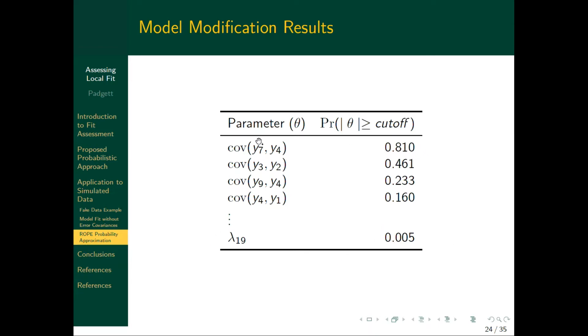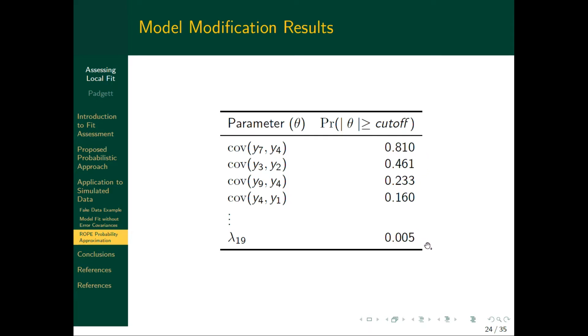Now, interestingly, these two right here are the two parameters that were in the data generating model: the error covariance between item 7 and 4 and between 3 and 2. Those have the highest probability.